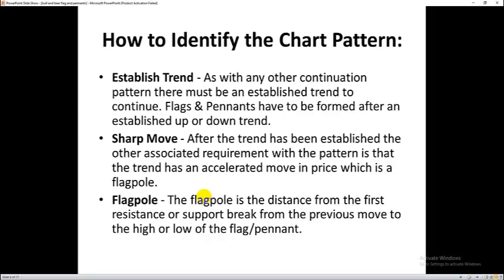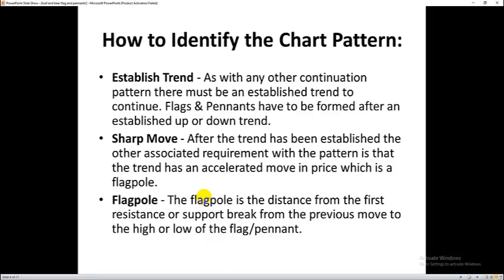So when you see that flag or pennant and it follows the rules I'm going to show you here, you can confirm to yourself that yes, the probability is high that the market will break down and continue that trend, which is the bearish trend. First of all, you need to understand what trend you are in.